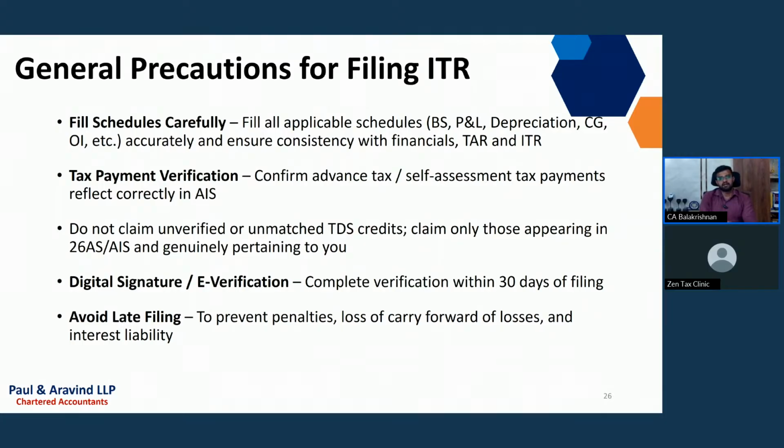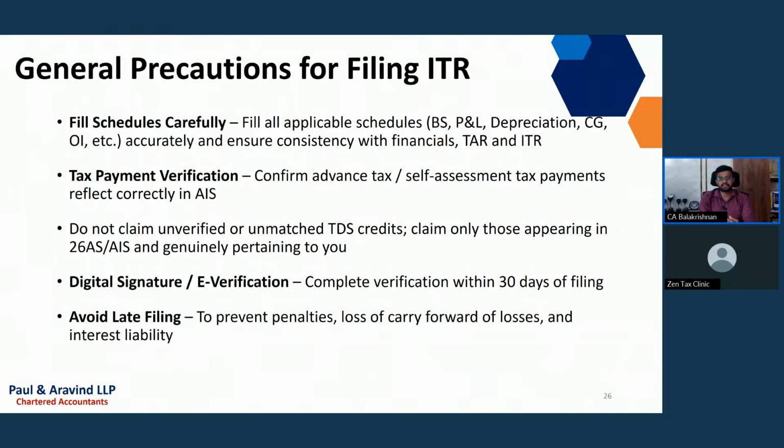To avoid the late filing fee, the assessee needs to file the return on or before the due date, as I have explained earlier. If not filed within the due date, the assessee may face consequences: he may forgo the business loss, and a late filing fee may attract.